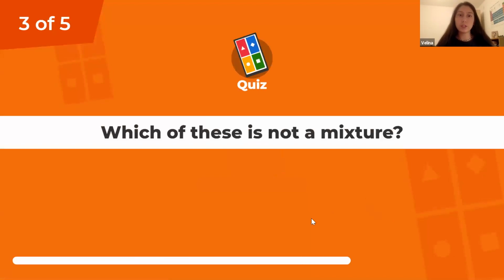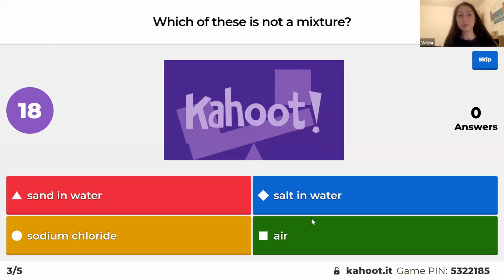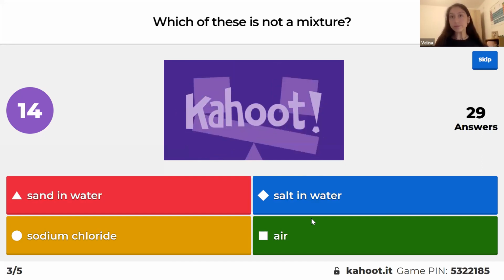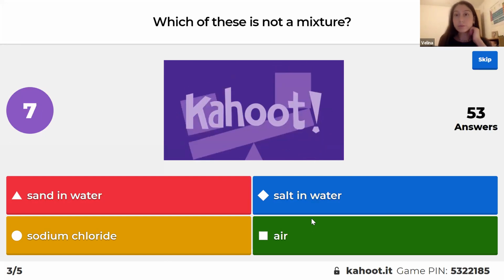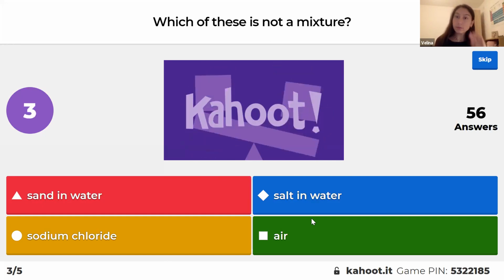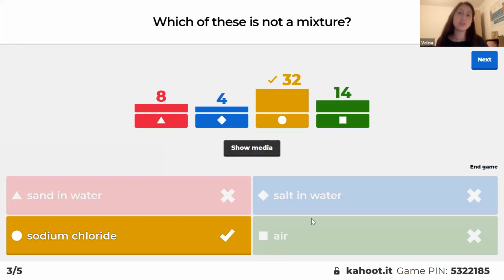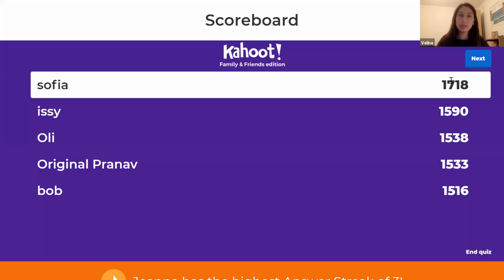Which of these is not a mixture? Yeah, well done. Good. Yellow, because sodium chloride is what? An ionic compound. Exactly. We'll talk through why it's not air after this. So, fourth question.